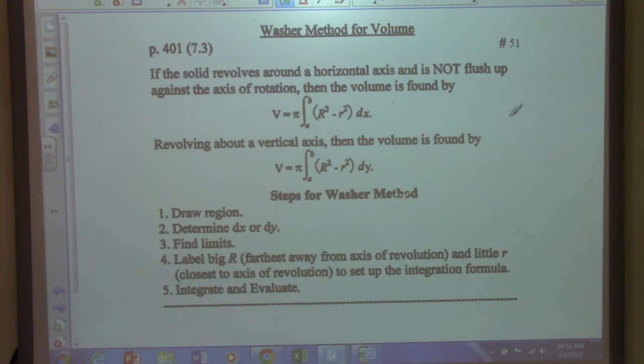Yeah, so what you're doing here, you're talking about a washer, you're talking about two curves like this. And what you're doing is taking these two curves and rotating the space between the two curves about an axis. In this case, we revolve about the x-axis. It's going to come like this, but it's going to be solid all around.